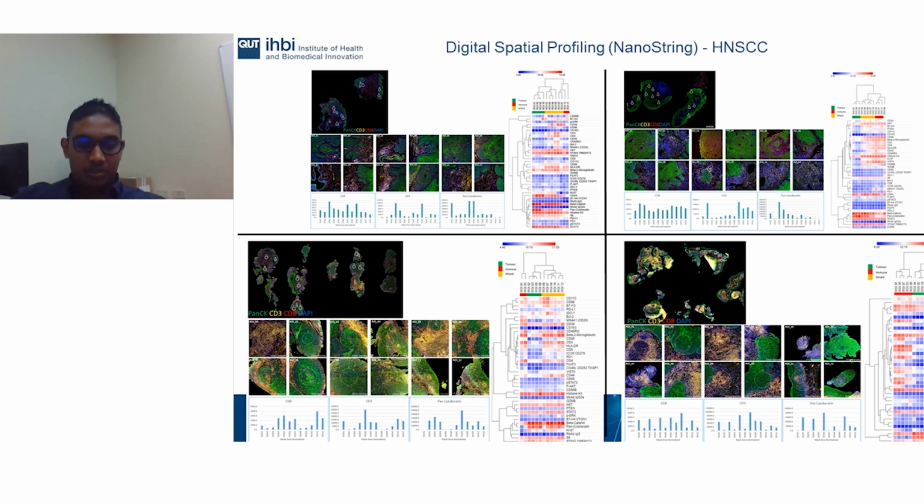And we're able to do this from about 20 microns all the way up to 400 microns. So it depends on what your region of interest is and what you're looking at, whether it's at the global level or you want to go down into the sort of 10 cells or profile 20 cells at a time.